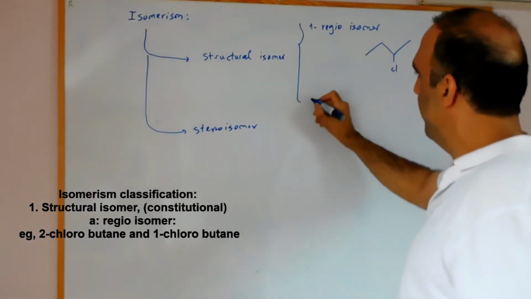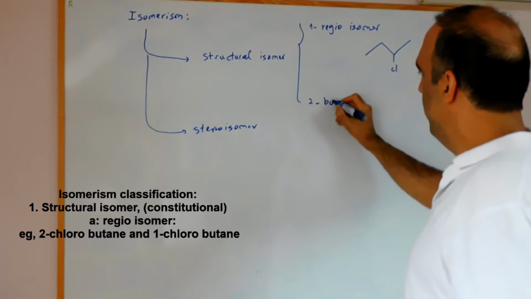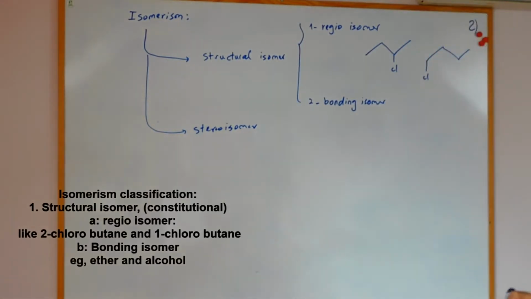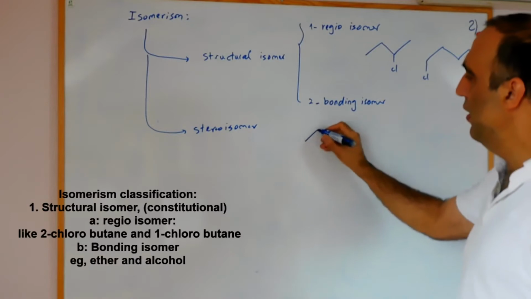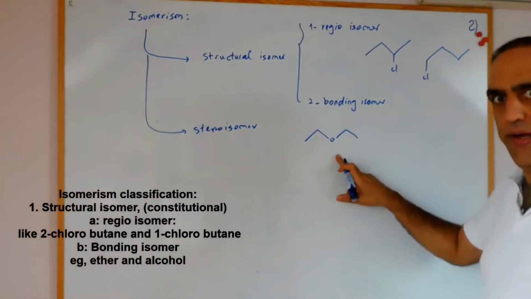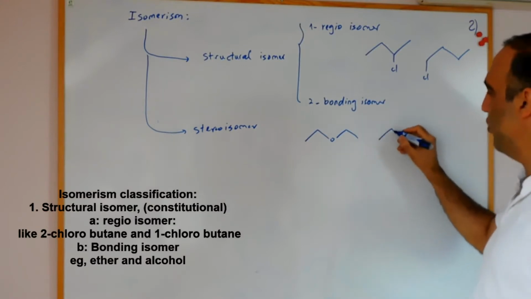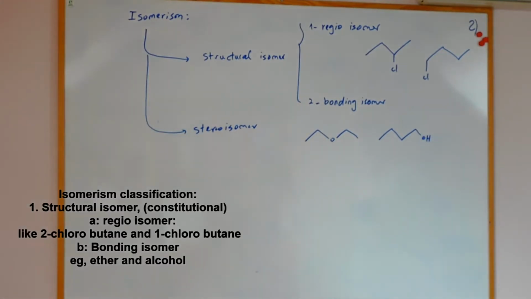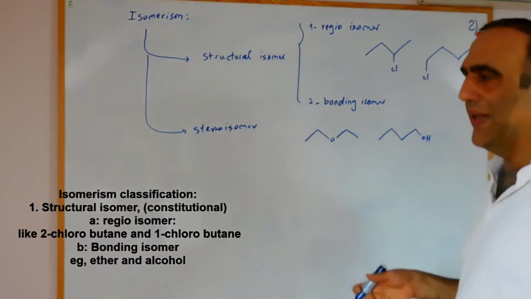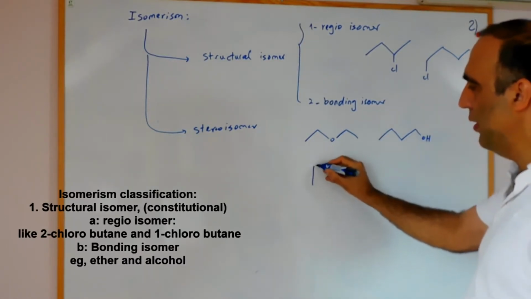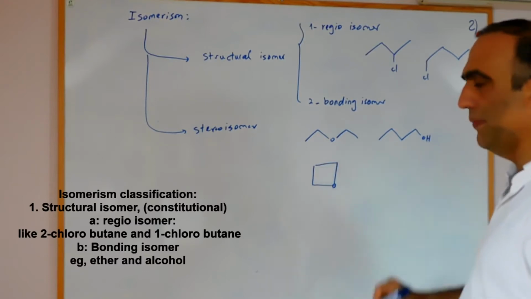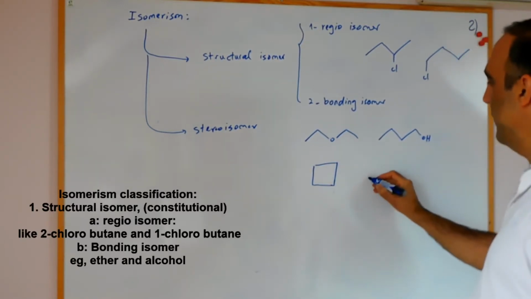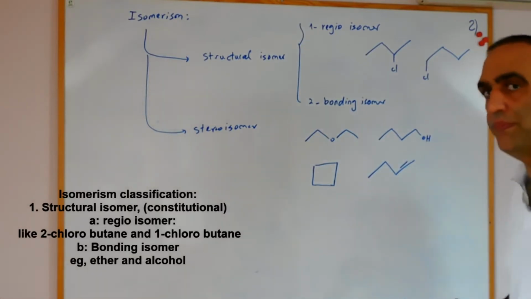Second one, bonding isomer. Okay, different type of the bond. For example, diethyl ether has the same formula as 1-butanol, but diethyl ether and butanol have different bonds. Or another example, cyclobutane and 1-butene.